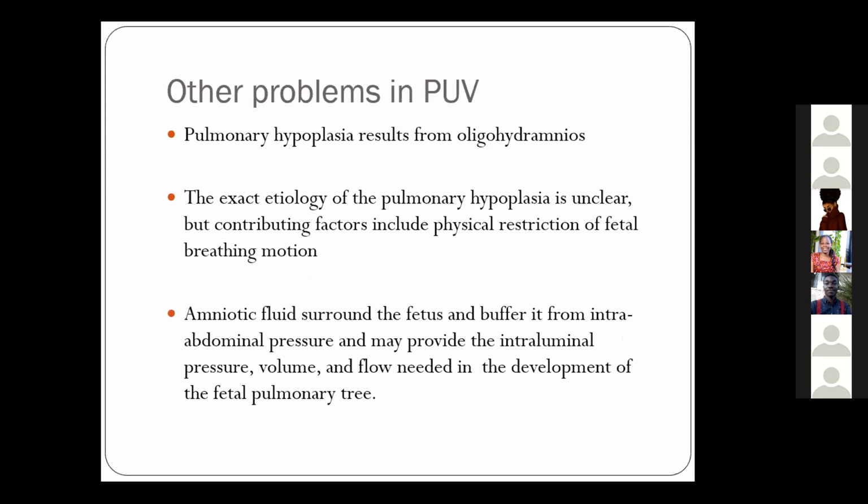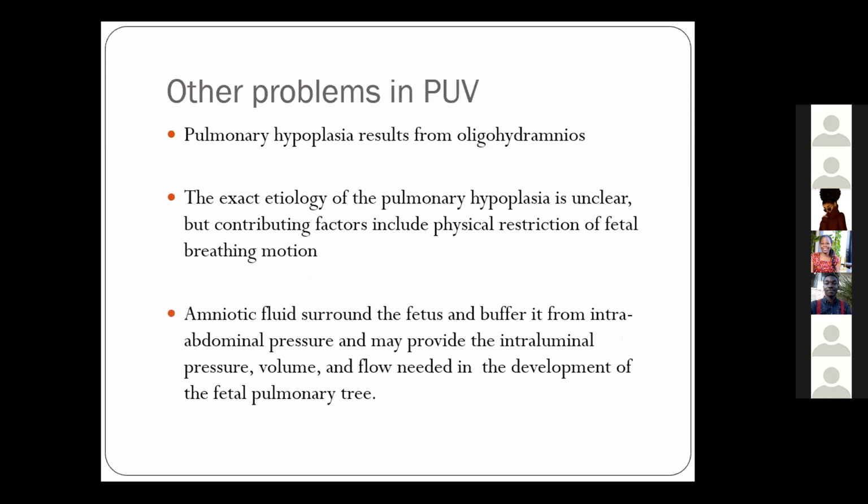So the other problems in posterior urethral valves include pulmonary hypoplasia, which results from oligohydramnios, and the exact etiology of the pulmonary hypoplasia is still unclear, but the contributing factors may be physical restriction of the fetal breathing motions.